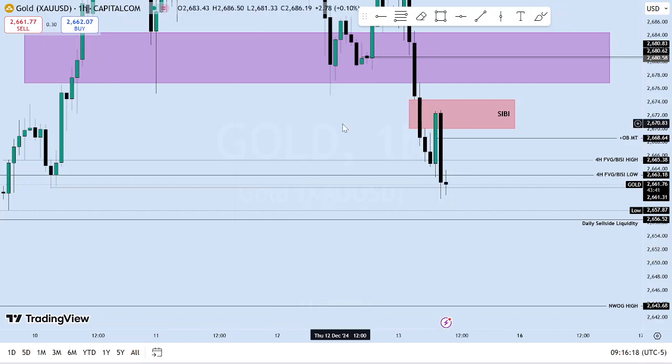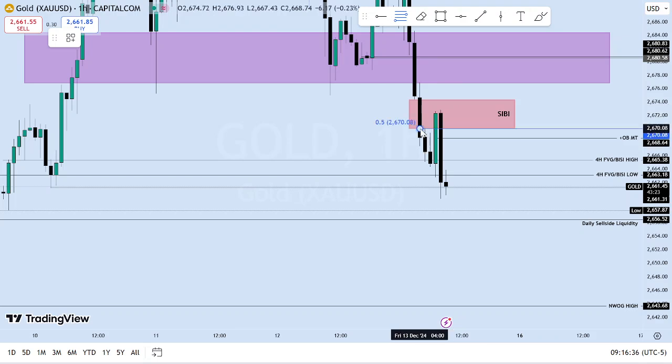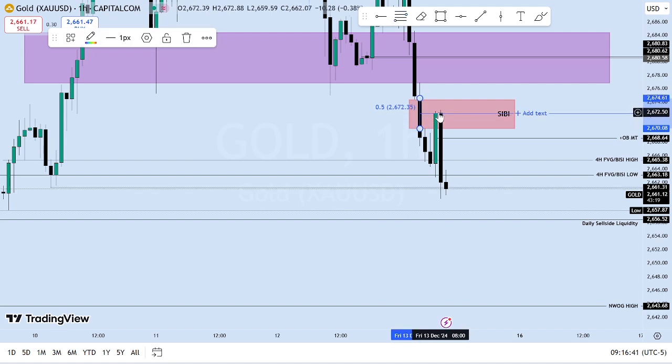For inefficiency, consequent encroachment, you measure from the low, if you created the inefficiency when price is selling, from the candle that created it to the high. Where did it deliver to? The 50% level.